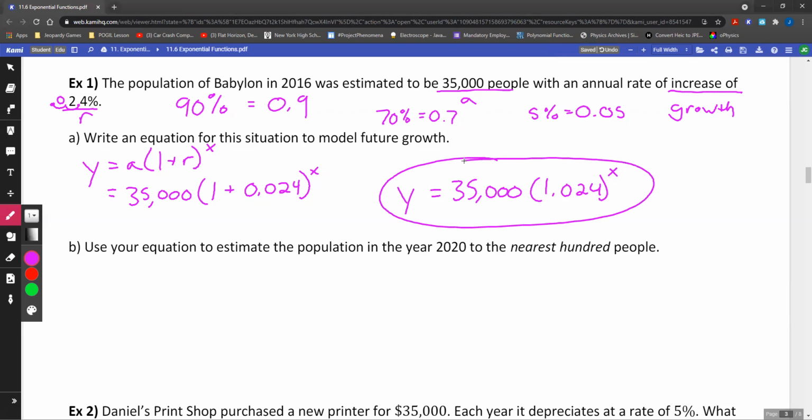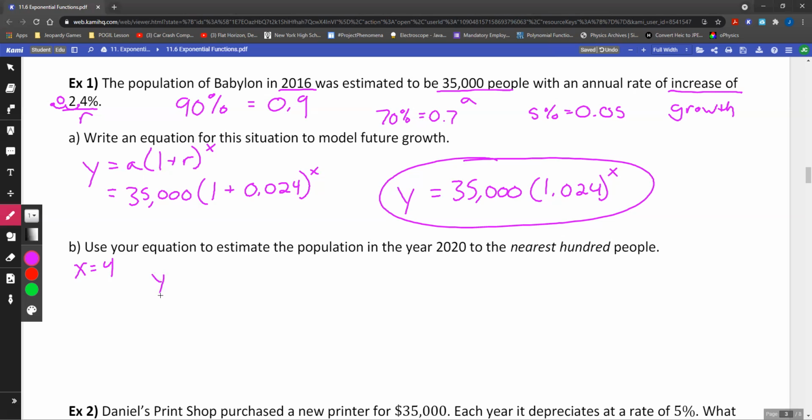All right. Now they want us to estimate the population in the year 2020 to the nearest 100 people. So let's just figure out what the population is according to this function in 2020. Since these numbers were given from 2016, that's a time period of 4 years.